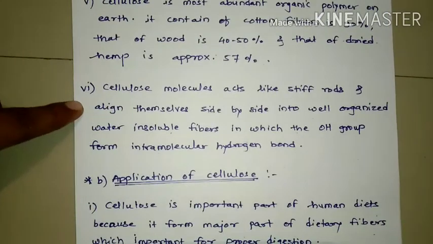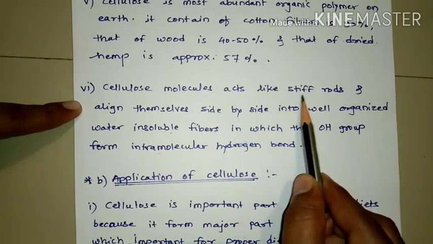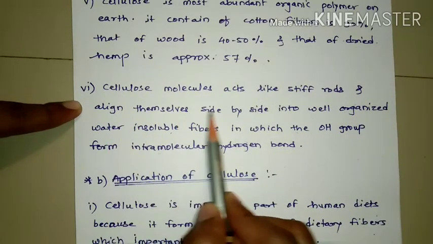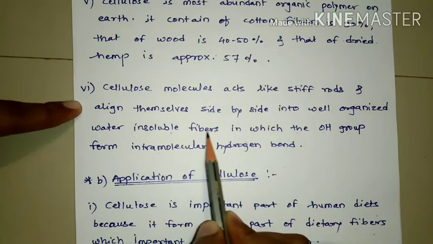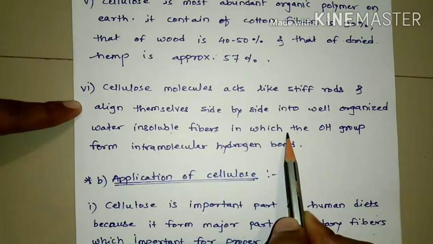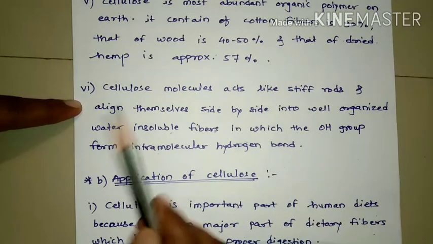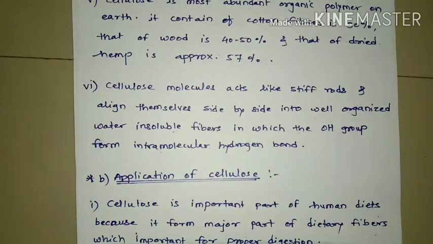Then the last point is cellulose molecules act like stiff rods and align themselves side by side into well-organized water insoluble fibers, in which the OH groups form hydrogen bonding.